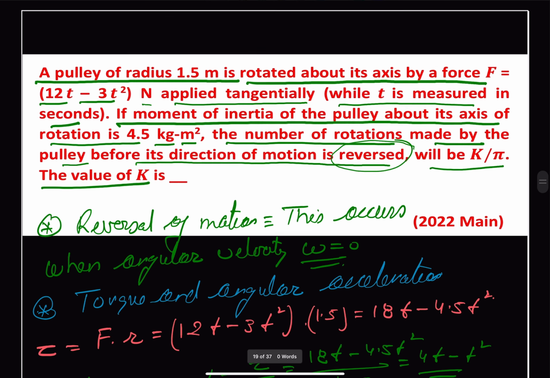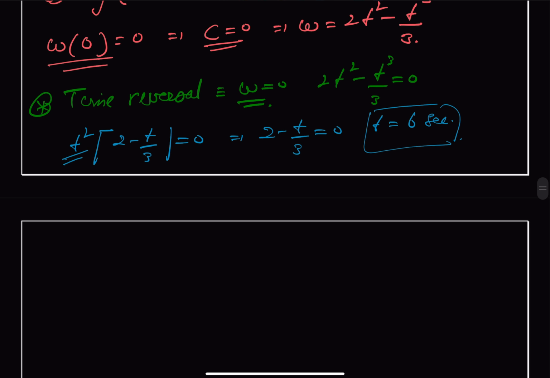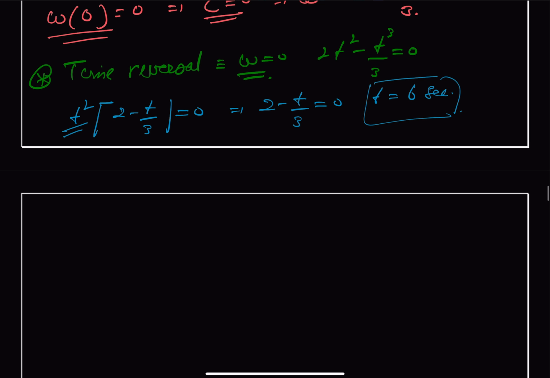And we have to find out the number of rotations. We have found out that after time t equals 6 seconds, the direction will be reversed. Now we can find out the angular displacement, and from there we can find out the number of turns.